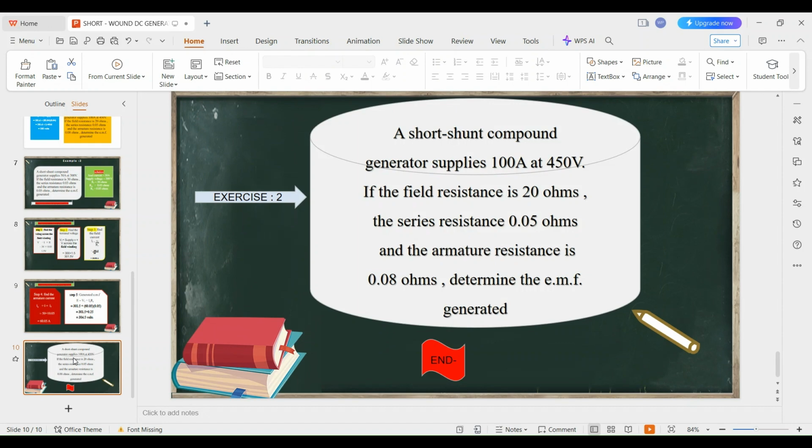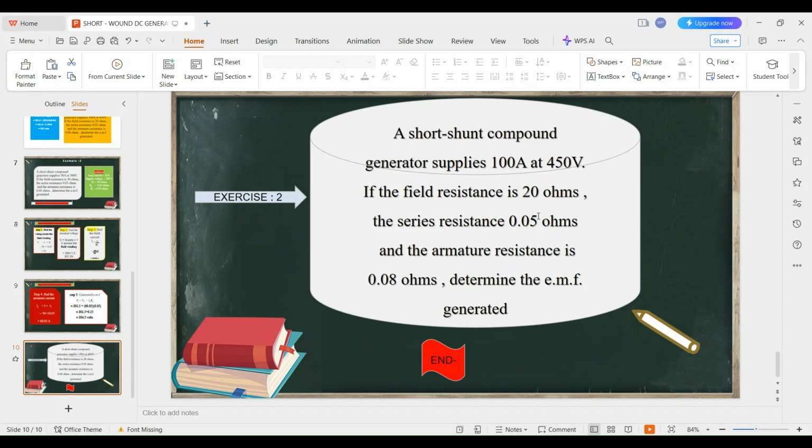I said my class cannot end without an assignment, and here goes your assignment number 2. It says a short shunt compound generator supplies 100 amperes at 450 volts.